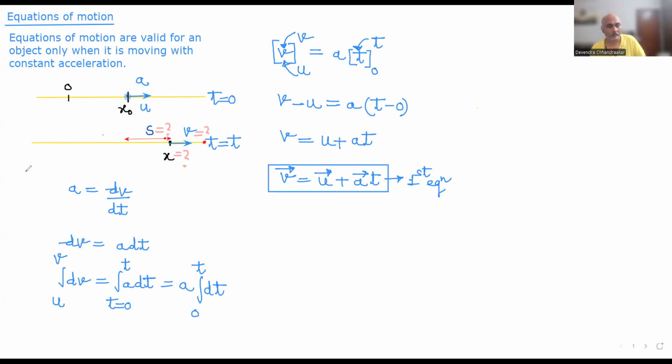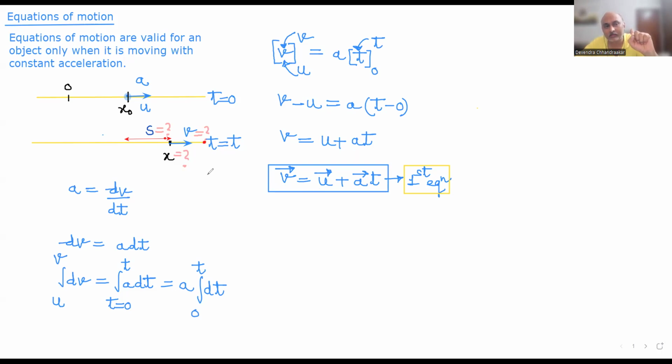Sir, is u the initial velocity? Obviously, yes, it is at t0. Remember, this is the correct format. Whenever someone asks you what the correct equation of motion is, always mention the vector part. It's v vector equal to u vector plus a vector t.